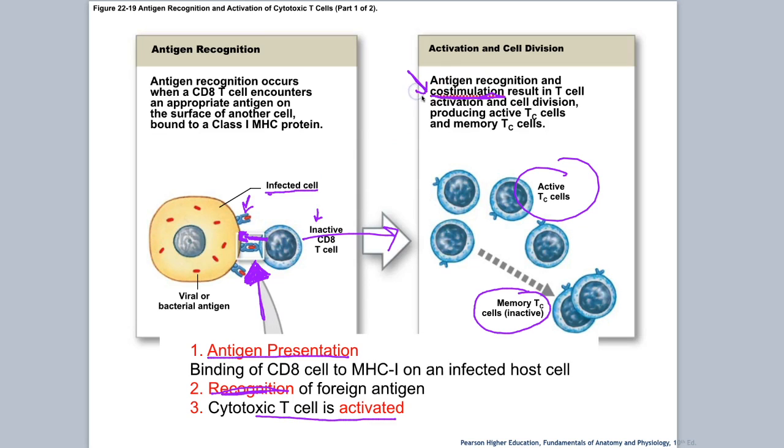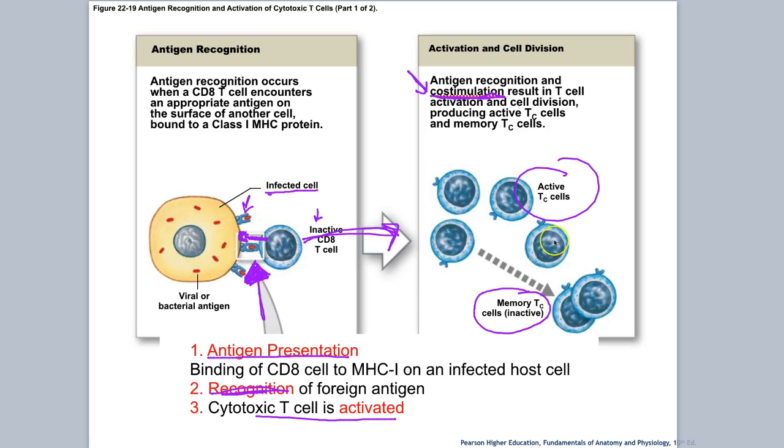This is kind of like a verification mechanism, where the T cell extends another interaction protein to the infected host cell. And if the infected host cell binds that protein, then the T cell has this double check verification, where now it knows, yes, this cell is definitely infected and I should initiate this huge immune response.